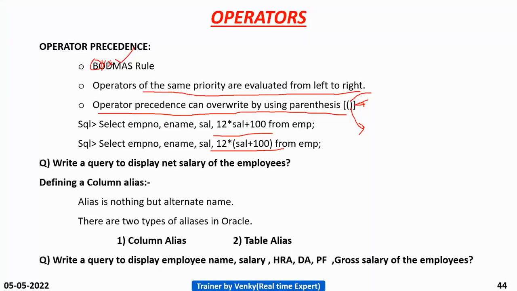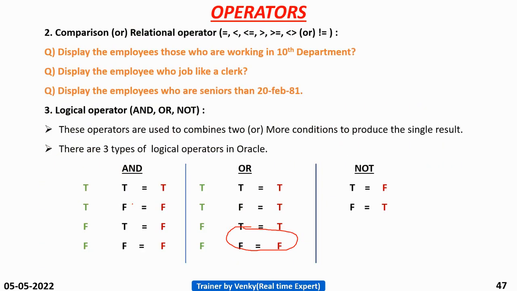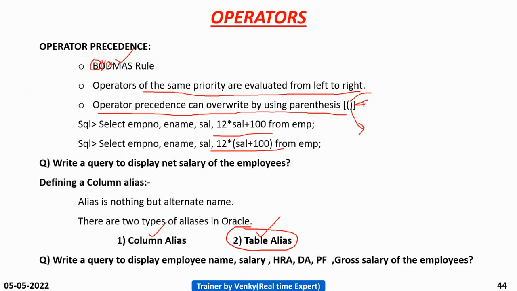We can define it in two ways. One is column level alias, another one is table level alias. We can discuss table level alias in joins or subqueries, because it is more relevant to the advanced concepts.